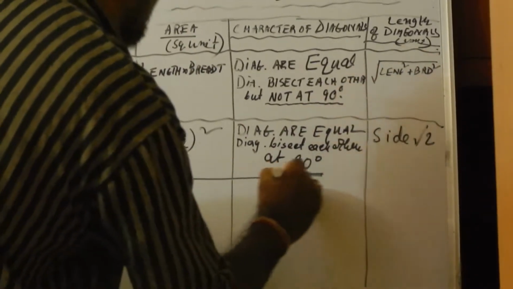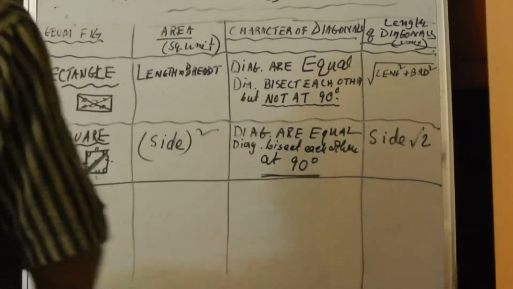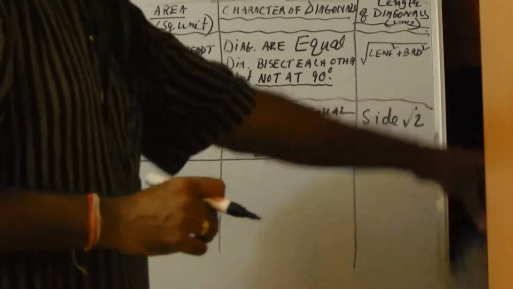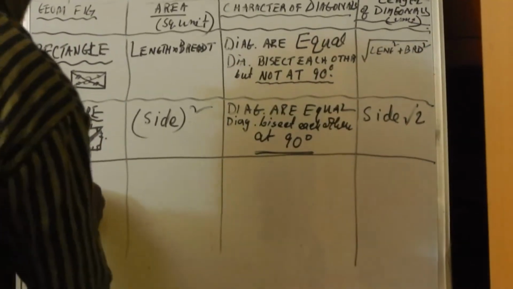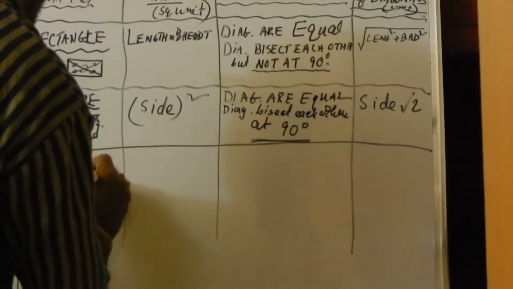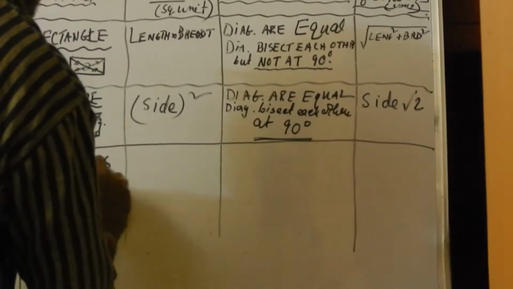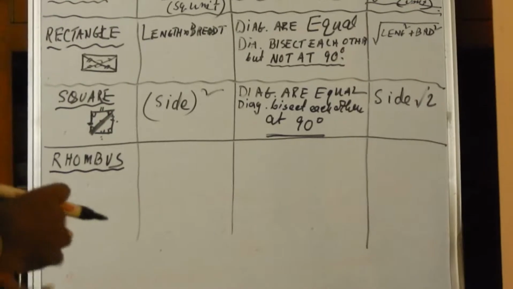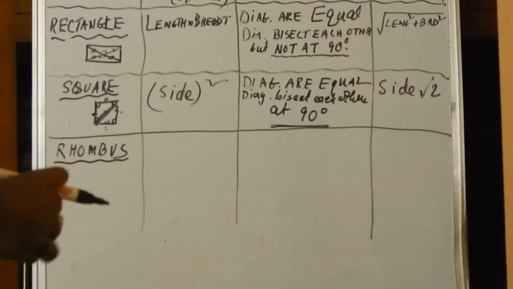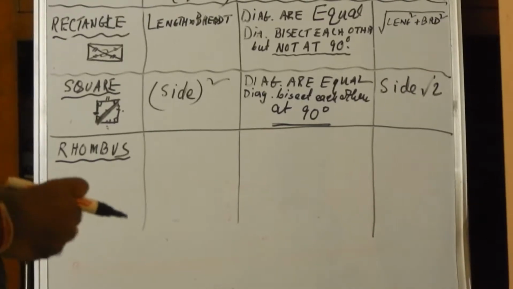Now we come to another figure, rhombus. And for rhombus, all of you know the basics. The rhombus is also a quadrilateral or parallelogram.